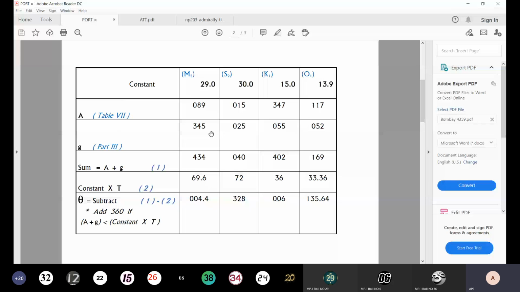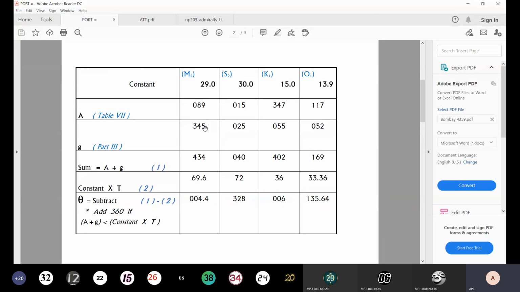Once you have written the value of small g, now add them. Capital A plus small g. How much do you get? 434, 040, 402, 169.